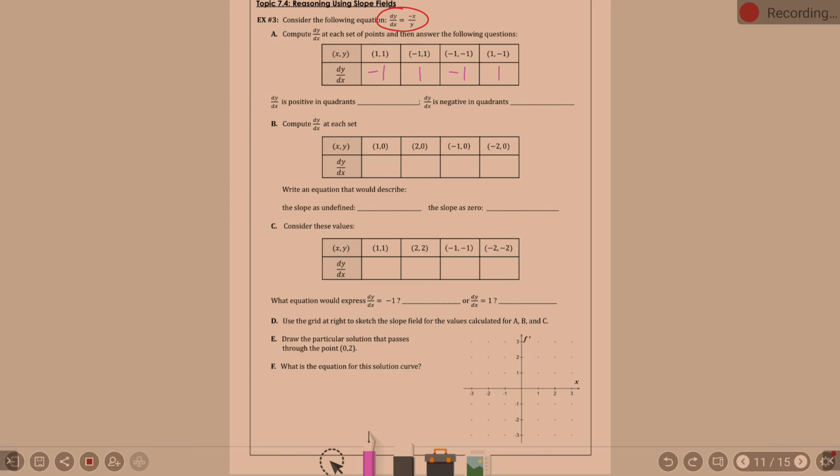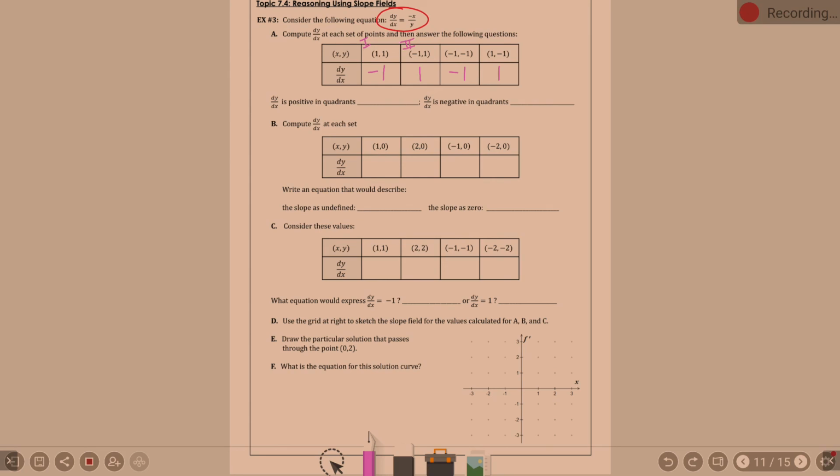dy/dx is positive in quadrants blank and negative in quadrants blank. Did you figure out what order they went in? 1, 1 is in quadrant 1. Negative 1, 1 goes left 1, up 1, so that's quadrant 2.